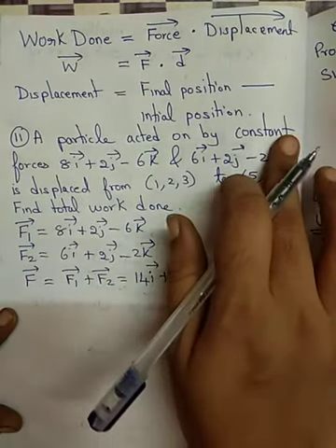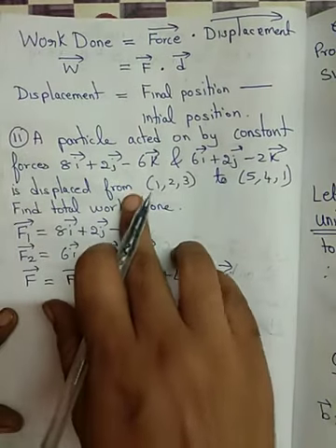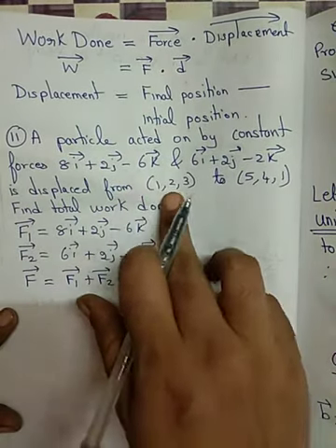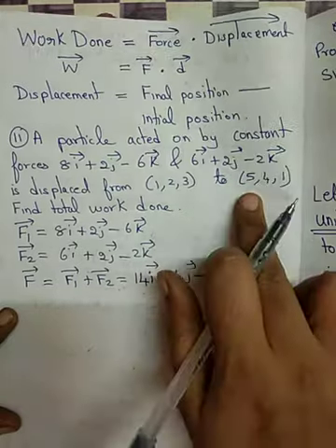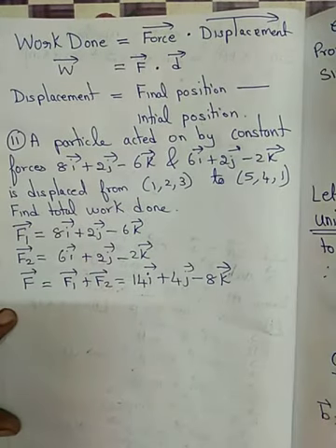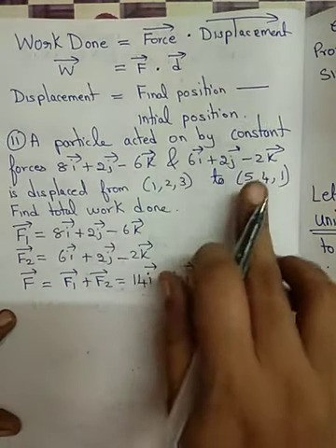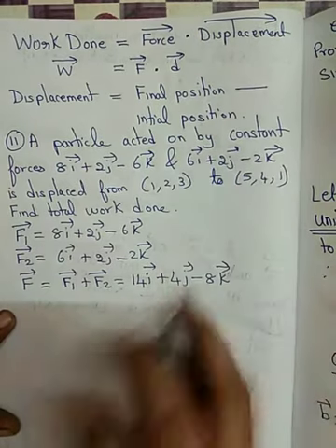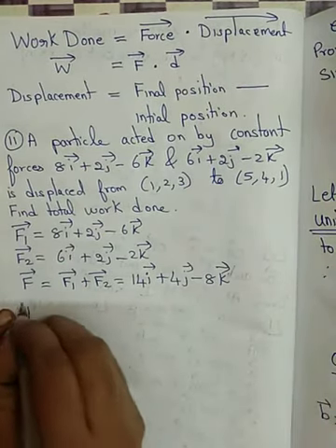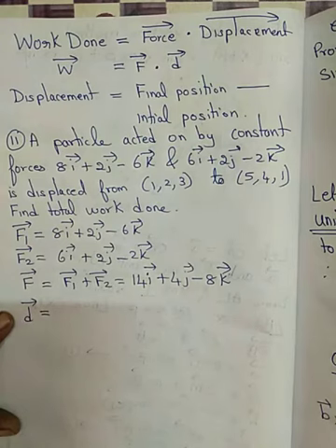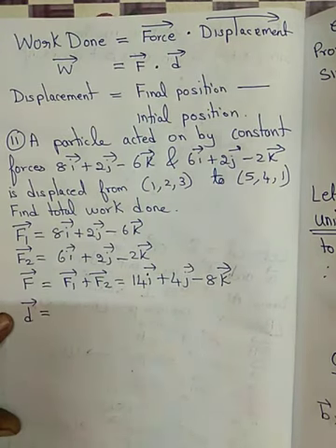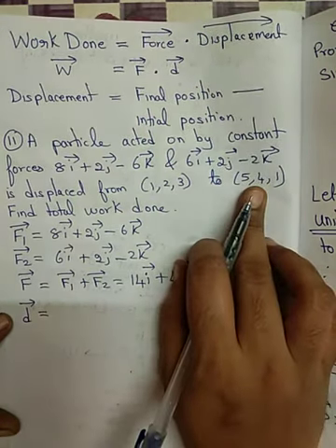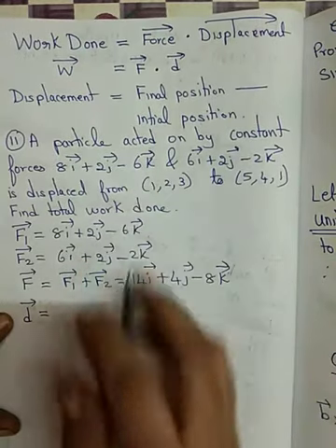Now they have told that the particle is displaced from this initial point to this final point. So they have given you the initial point, they have given you the final point. So we have to calculate displacement. How to calculate displacement? Final position minus initial position.